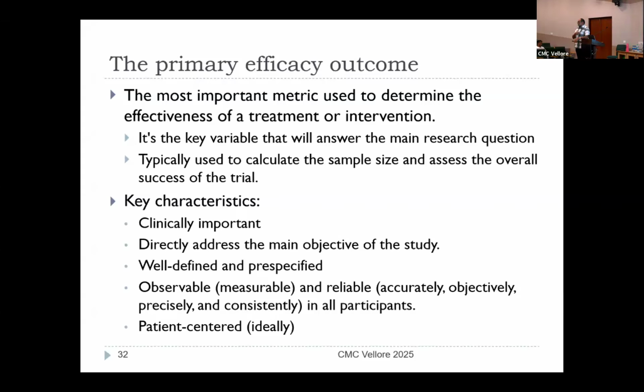So the selection of the primary outcome is not trivial, because it's going to impact everything: your design of your study, your sample size, and what you're going to have as the judgment of that intervention. But it is a difficult one to make.